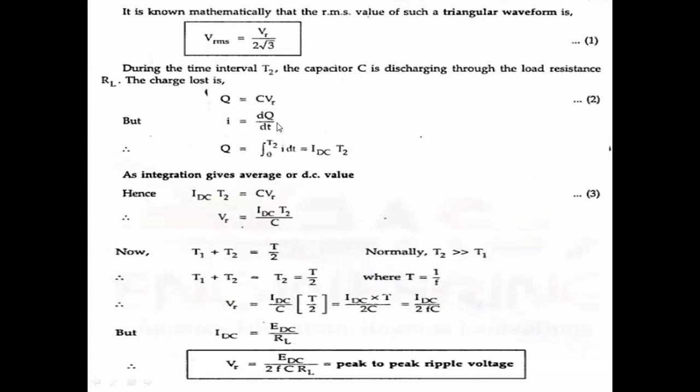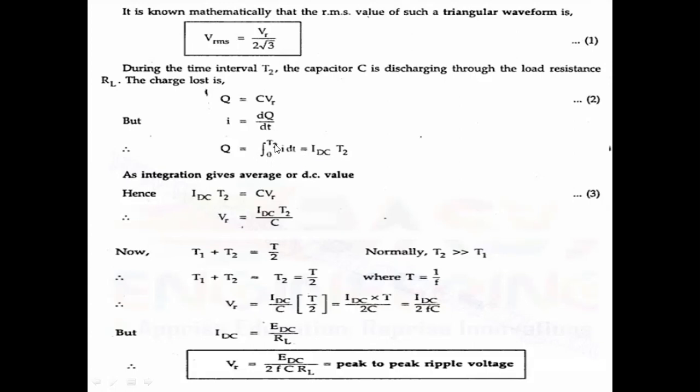But I is equal to dQ by dt, so I is the rate of change of charge. With this, we can find Q as the integral of I dt from 0 to T2, that is the T2 time period.